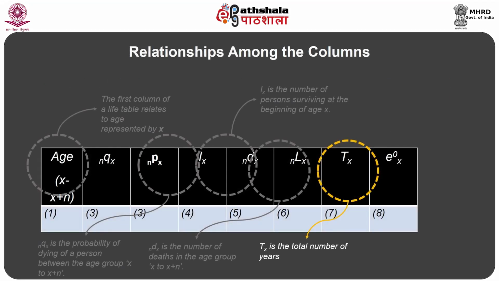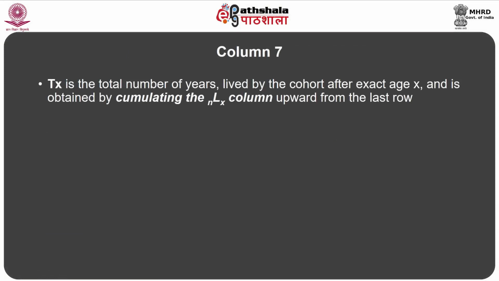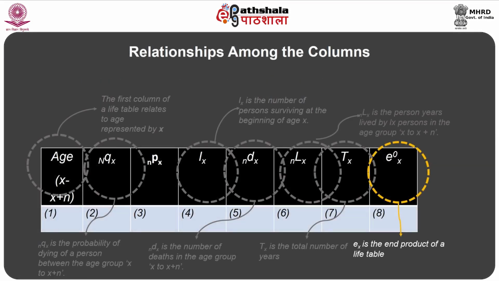Column number 7, capital Tx, is the total number of years lived by the cohort after exact age x and is obtained by cumulating the nLx column upward from the last row. Column number 8, ex, is the end product of the life table.